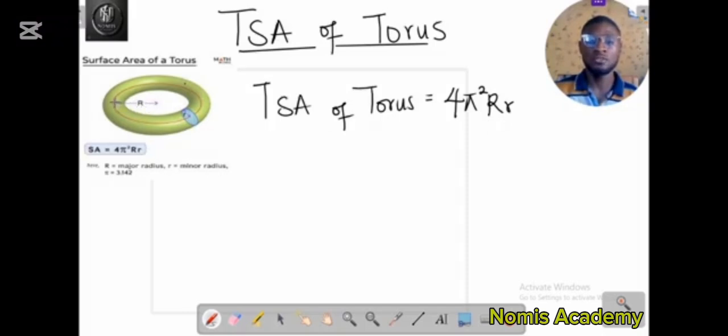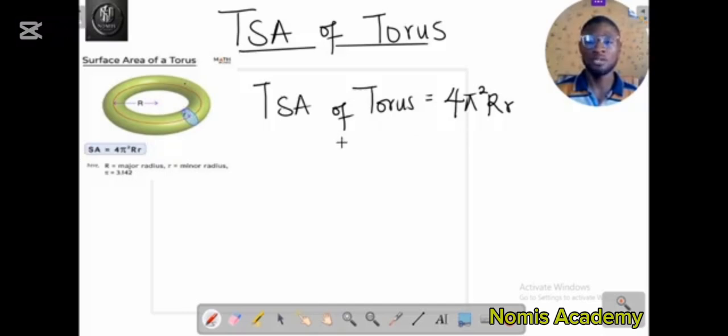That is the radius from the inner circumference to the center of the external structure of the torus. And the small radius or minor radius is just a line drawn from the internal circumference to the center of the internal structure of the donut, just as you're seeing it here.